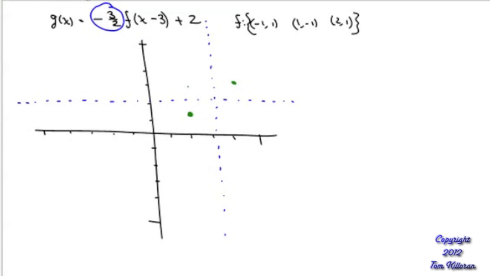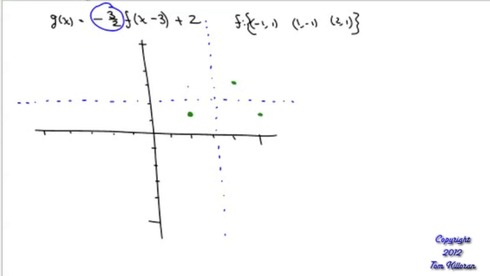You take it up 2, right 3, and flip it. It's going to be 4, 3. You take 2, 1. 2, 1 is, well, here. And we're going to move it up 2, right 3, and flip it.